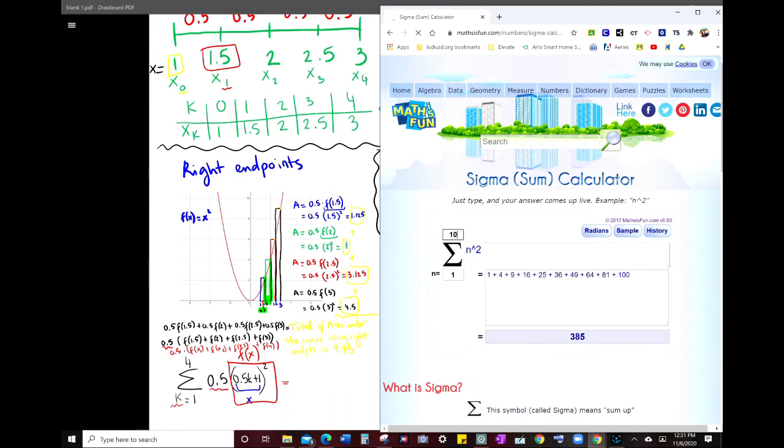And then up to 4, and then the rule is 0.5 times 0.5n plus 1, everything squared.